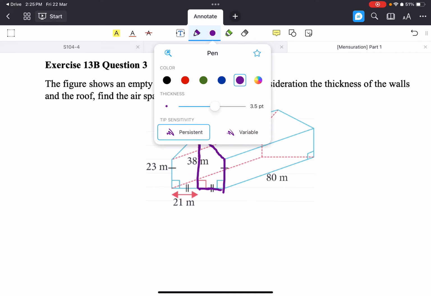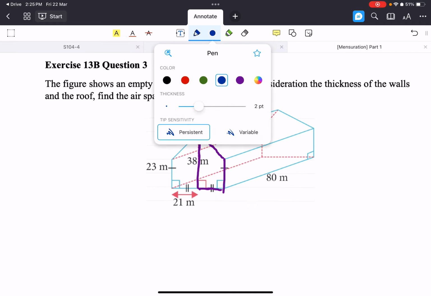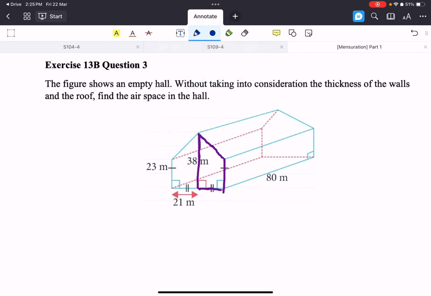the cross-section area, right? So with this, we can say that the cross-section area is going to be 2 times the area of the trapezium.